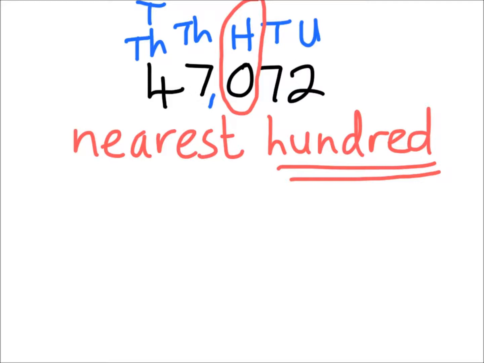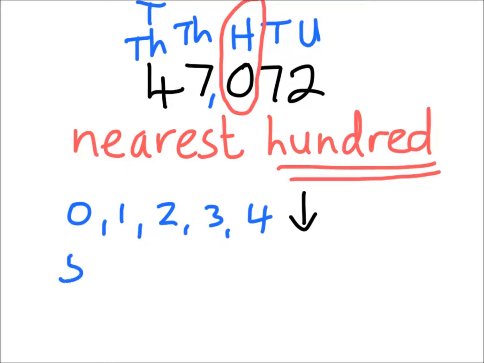Now, as in the previous video, if the digit in the column that comes after the column we've circled, so the digit in the tens column in this example, is a 0 or a 1 or 2 or a 3 or a 4, we round down, and if the digit that comes afterwards is a 5, a 6, a 7, an 8 or a 9, we round up.